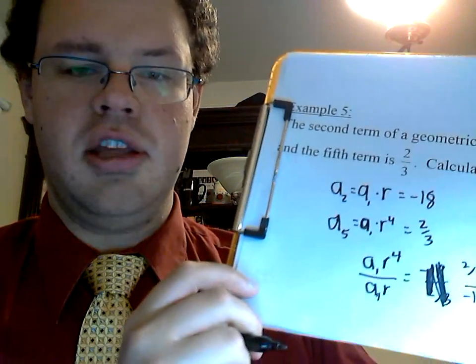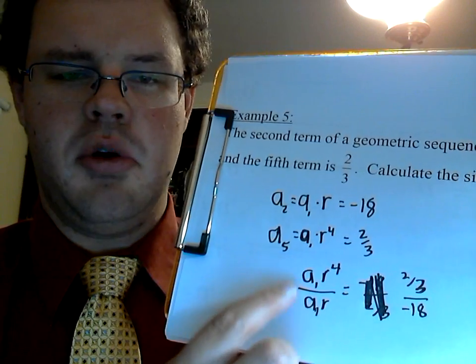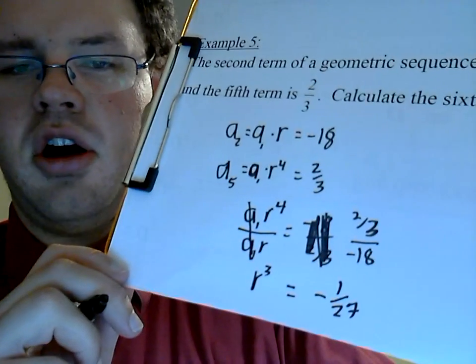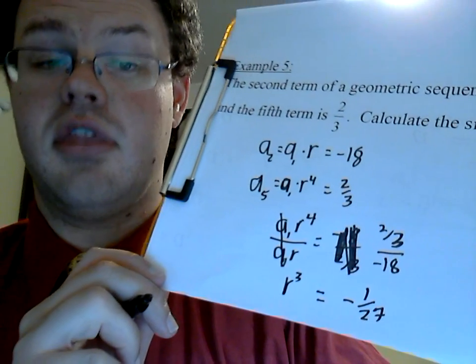And what's kind of cool here, a1 and a1, I can cancel this out. r to the 4th divided by r is just r cubed. And on the right-hand side, you can do the fraction. r cubed is -1/27. Take a cube root. r is going to be -1/3.